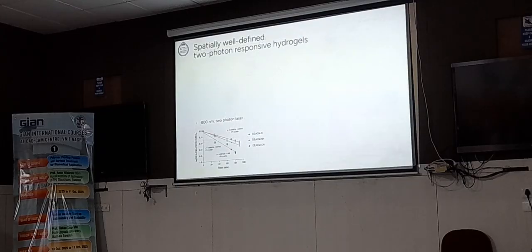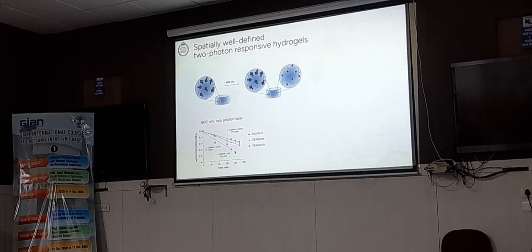So this was good. Until now I have just shown you what it looks like when you use UV. We could also show that we could use near infrared light and a 2-photon laser to do the same thing, to do the cleavage of the coumarin-based end group. And again, we could verify that the fluorescence is decreasing when we increase the irradiation time.